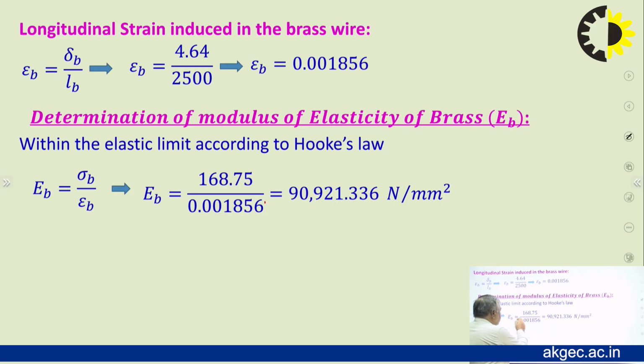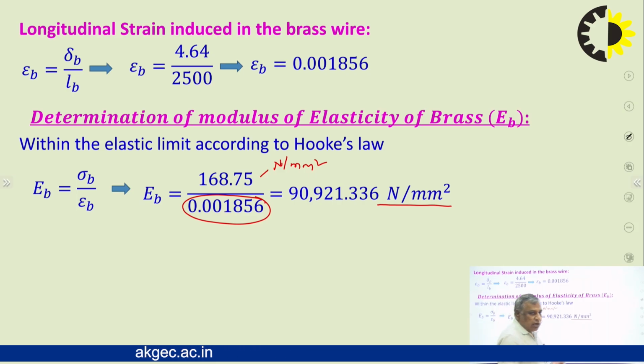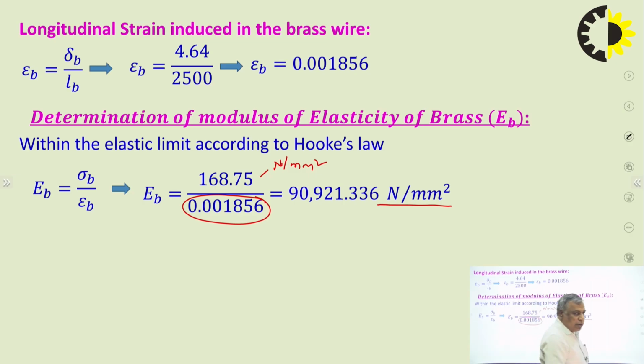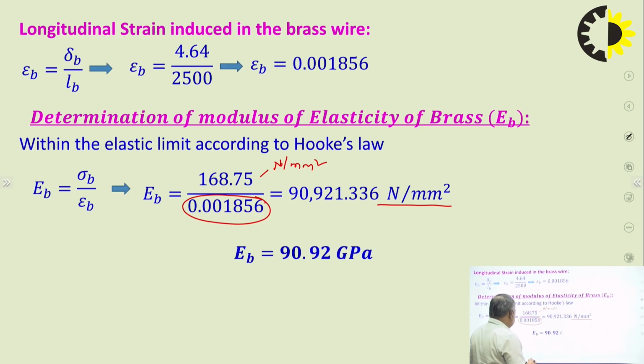Strain is dimensionless, and the stress was in Newton per mm square, that's why this is in Newton per mm square. Now write it in megapascal or gigapascal. Newton per mm square is equal to megapascal. If we want to convert it to gigapascal, we further divide it by 10 to the power 3. So it becomes 90.921 gigapascal, or 90.92 gigapascal to the second decimal place.